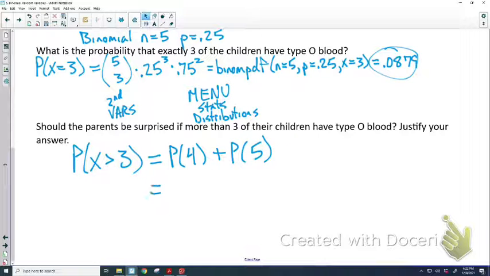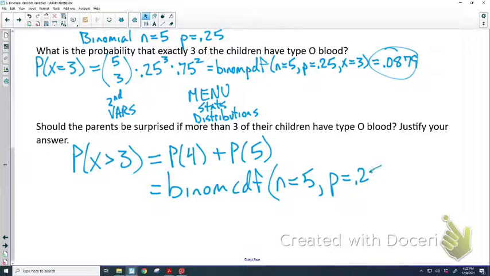We could do binomial CDF. If you have an Inspire, trials are 5, P is 0.25, lower is 4, and upper, I'm out of room, is 5. And that'll give us our answer.